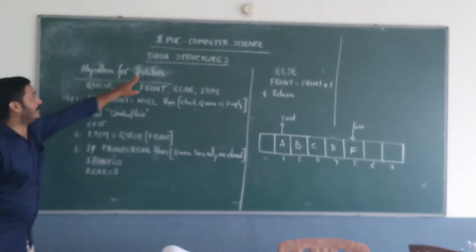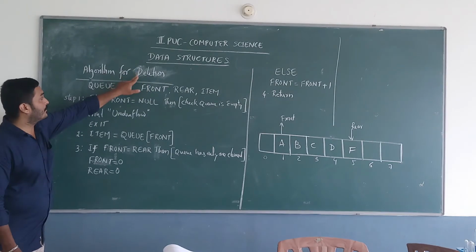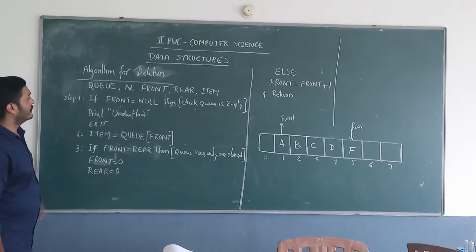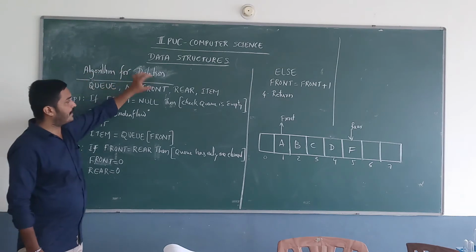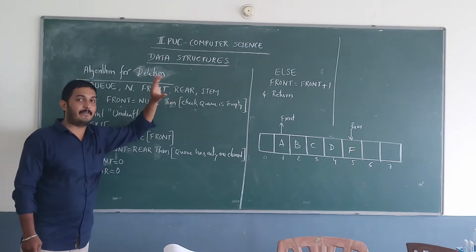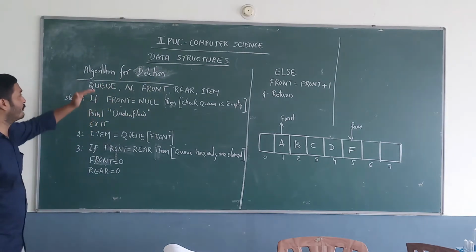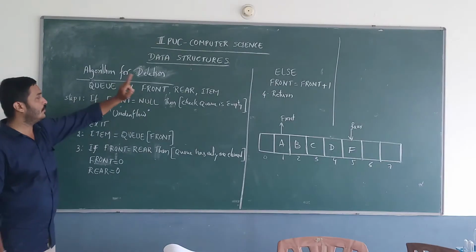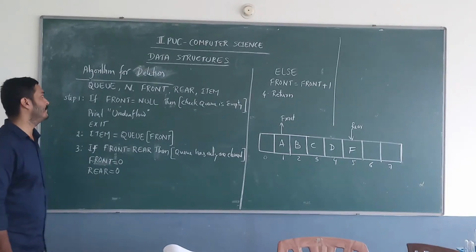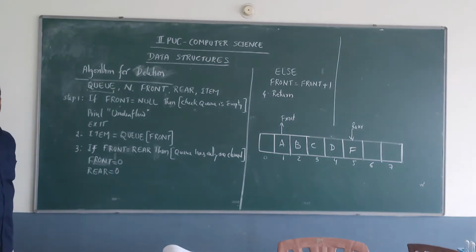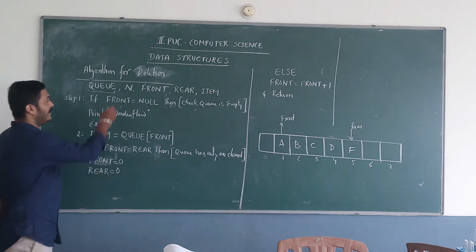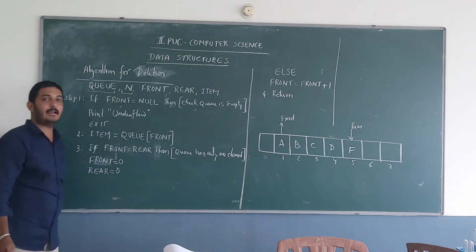See, the algorithm name is important. And then all those points, q, n, front, rear, item, are variables that should be specified properly. What do we mean by q, n, front, rear and item? Q is a one dimensional array, indicating the Q data structure. N means the total number of elements.